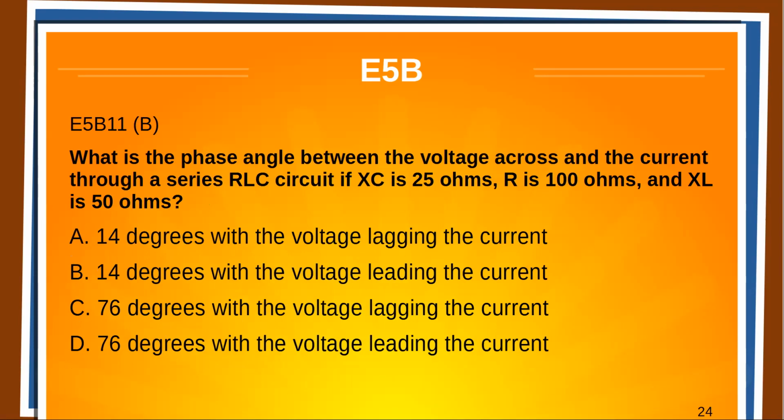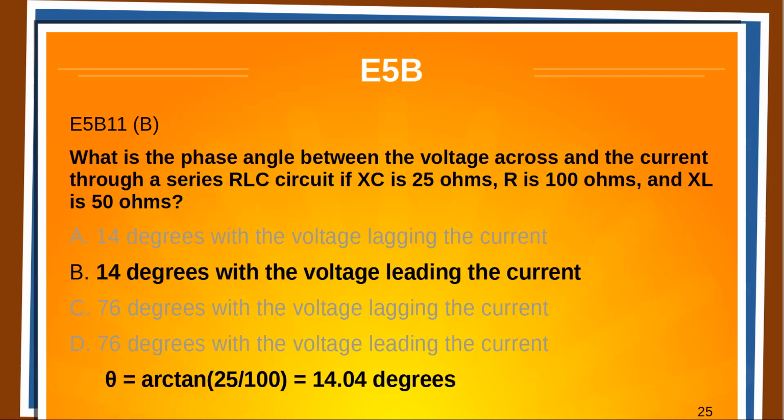All the ratios are the same, so it's positive reactance, which means the phase angle is... So it's D. The ratios are the same, so it's still 14 degrees, so it's valid. All three questions in here are 14 degrees.